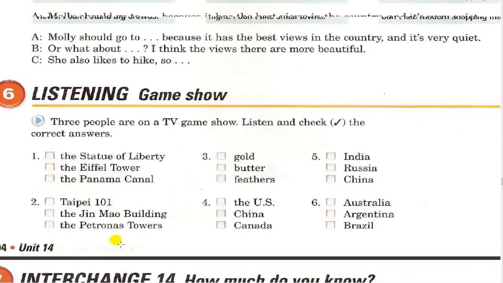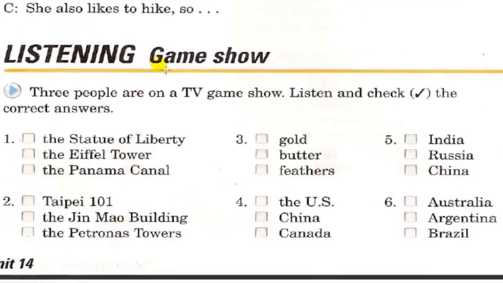Exercise 6. Listening. Game show. Three people are on a TV game show. Listen and check the correct answers. Our contestants this evening are Jack, Susan, and Jonathan. And now, contestants, let's get right to our first question. Question number 1. Which is the oldest, the Statue of Liberty, the Eiffel Tower, or the Panama Canal?